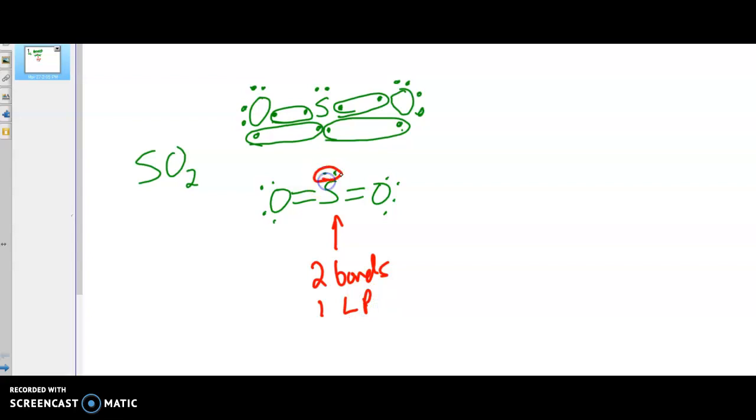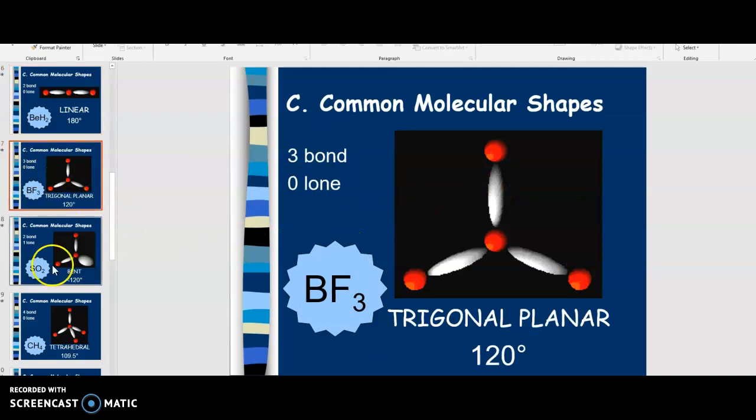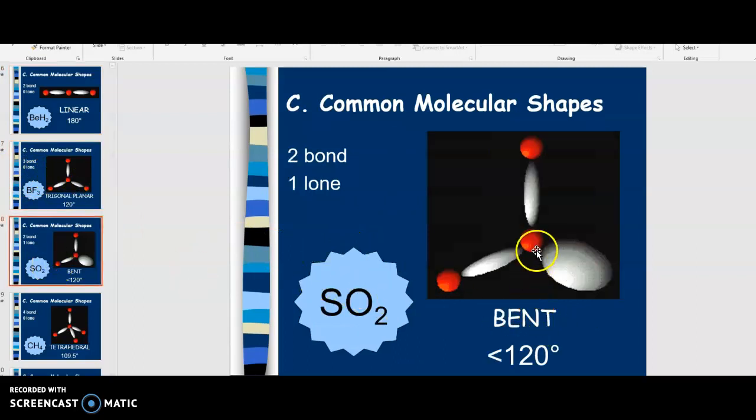Here's the lone pair of electrons. Once we're able to identify that, we can look at the shape, and that is going to give us a bent shape, because the lone pair would fill in here, and the actual shape of the molecule is the bend that you see here.